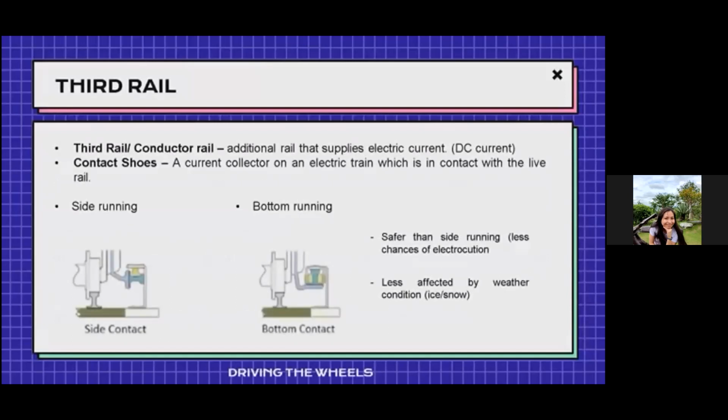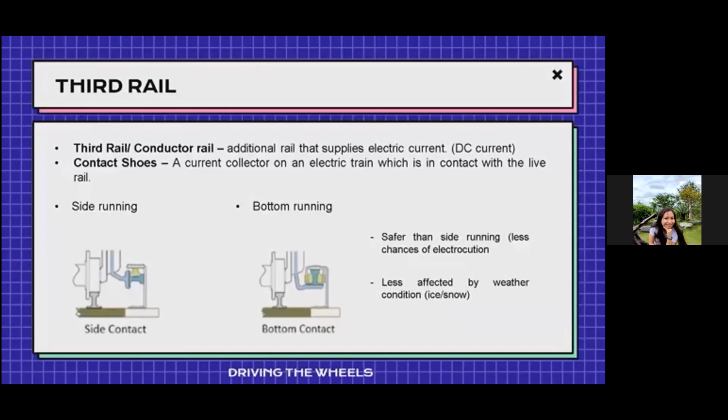Ito naman yung isa pang way para makakuha ng electric power yung train, yung third rail. Dagdag na riles na may electric current, kaya tinatawag din siyang conductor rail. Yung device naman na naka-connect dito ay yung contact shoe. Ito yung nagko-collect ng electric current galing sa conductor rail. May dalawang position kung paano sila naka-install.